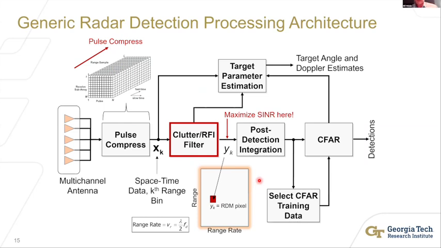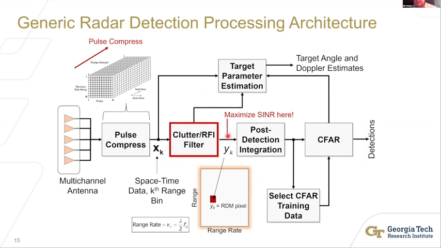Okay, we're on the home stretch, so now I'm going to talk about how we characterize the impact of clutter on detection performance. This is a generic radar detection processing architecture. All things equal, the critical step here is clutter and RFI filtering, so removing clutter so that we maximize SINR. Typical radar systems frequency hop the radar from coherent dwell to coherent dwell to deal with target fading.